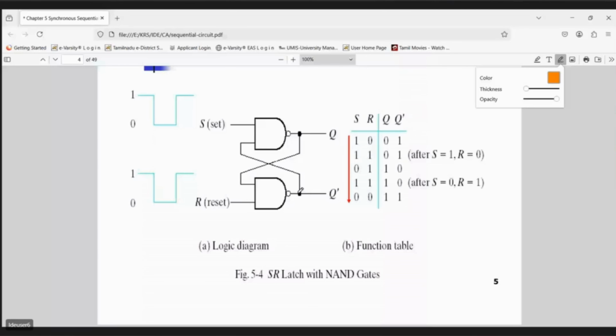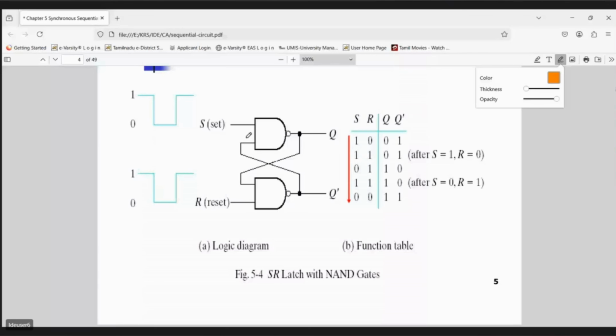So here there are two NAND gates, two inputs S and R and two outputs Q and Q dash, that is Q and the complement of Q. Initially assign the value of S equal to 1 and Q equal to 0.